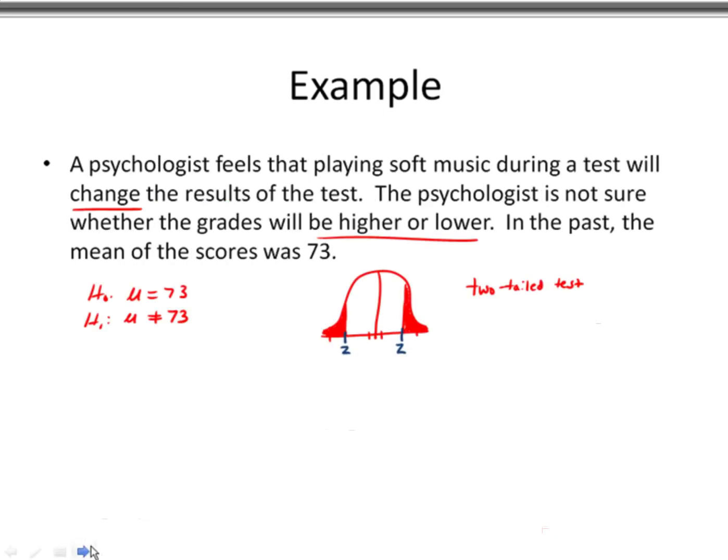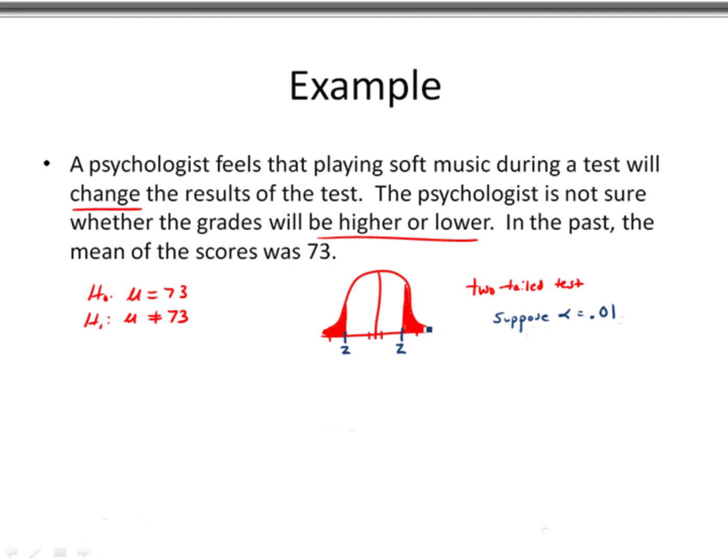For our last example, let's suppose that they give us an alpha value of 0.01. Now remember that alpha is the total area of the shaded regions.